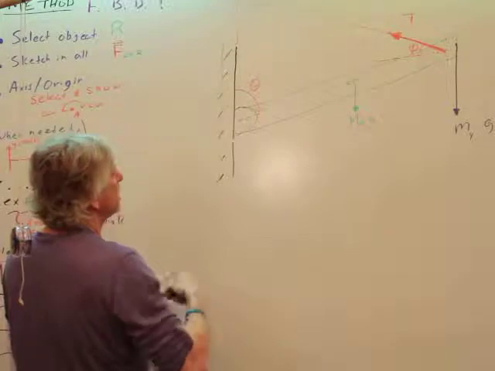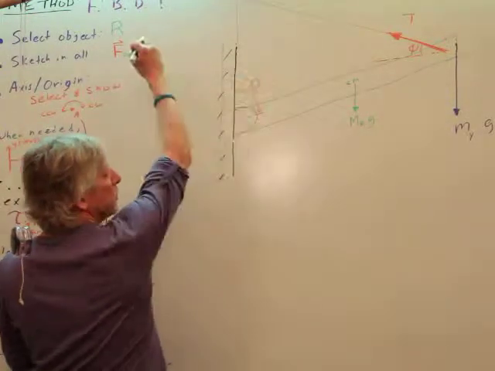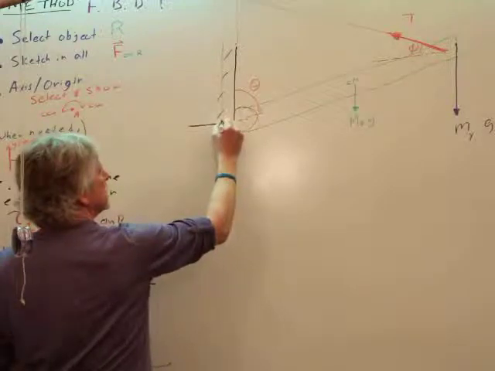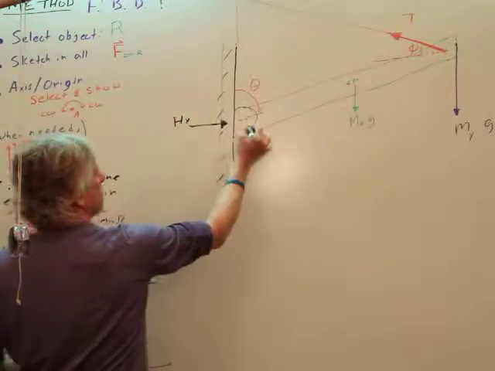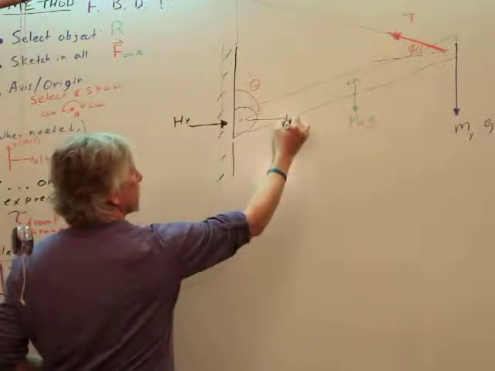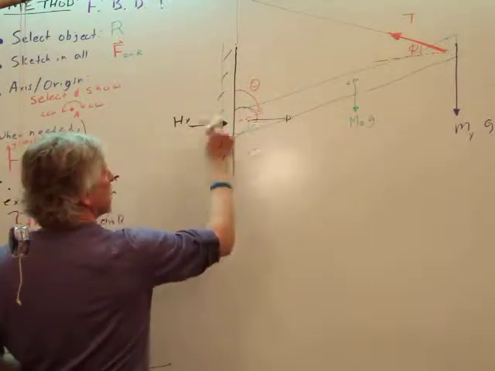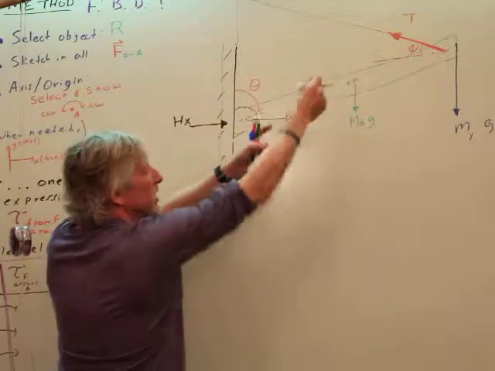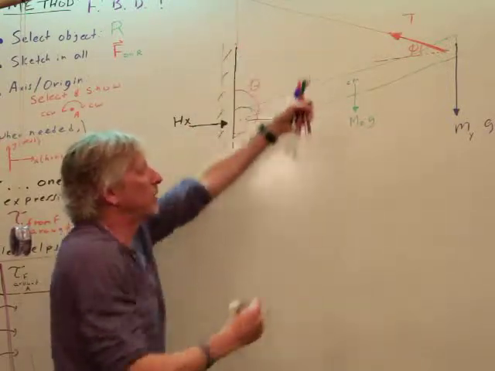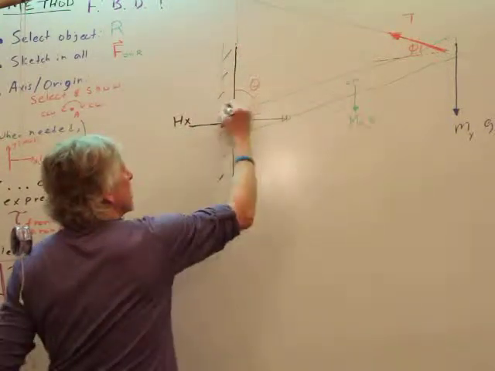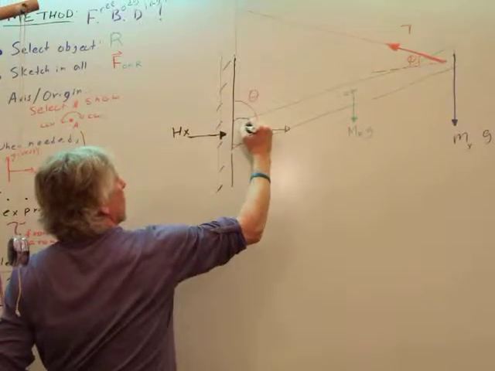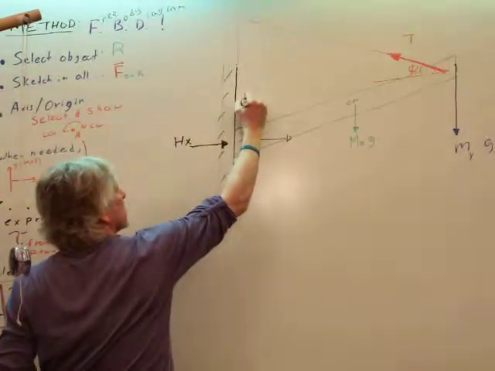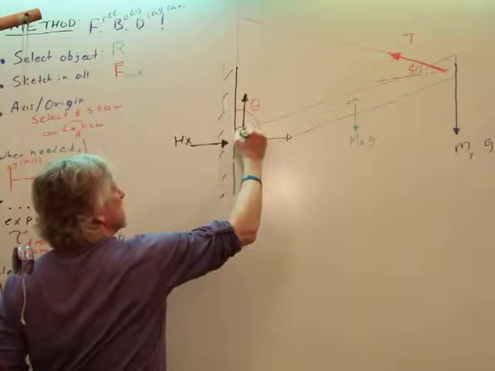Now that's being pulled that way, so I think that this is going to push that way, Hx. Now you can draw it with the tail. We often do that, right? Here, Hx. And these guys are pulling down, but that's pulling up, but I'm going to guess that they're pulling down more than the tension's pulling up, so I'm going to go Hy, really is here. I mean, you can do it off to the side. You're just representing how strong.